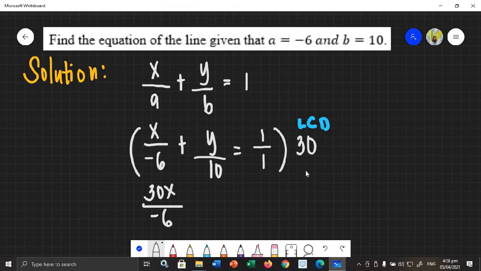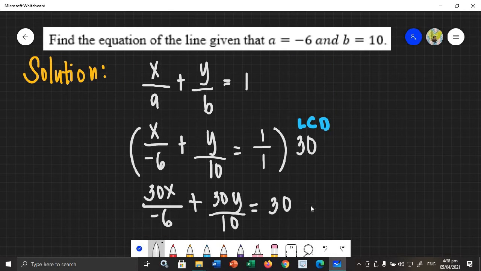This is 30 over 1, so when you multiply fractions, it becomes x times 30, that is 30x over -6 times 1, which is -6. To make it easier, just multiply the numerator of each term in your equation by the LCD. So y times 30, 30y, and then copy the denominator, over 10, equals 1 times 30, that is equal to 30. You don't need to write 30 over 1 because it is the same.